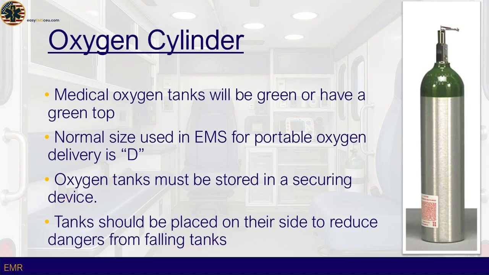These tanks typically hold around 425 liters of oxygen at 2,000 psi and are equipped with a regulator and flow meter to control oxygen delivery. EMS providers must ensure cylinders are properly secured, checked for adequate supply, and replaced when pressure drops below safe levels. Despite their small size, D cylinders play a vital role in pre-hospital care, ensuring patients receive essential oxygen when they need it most.